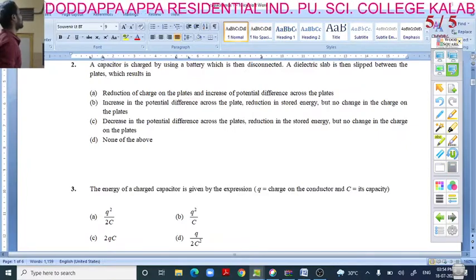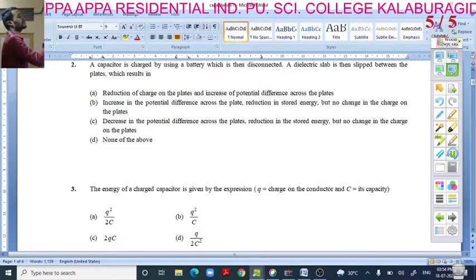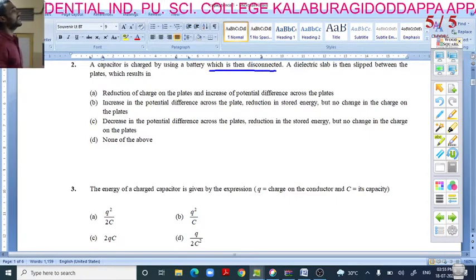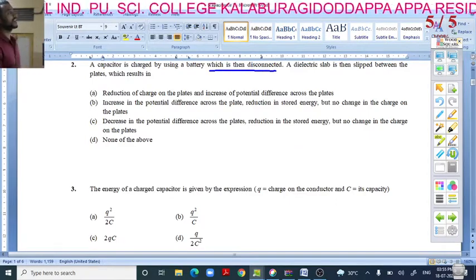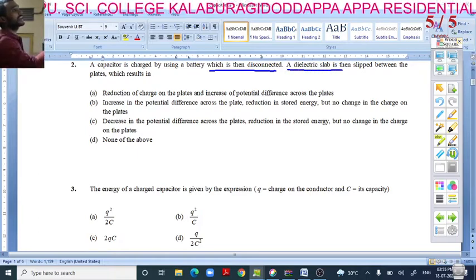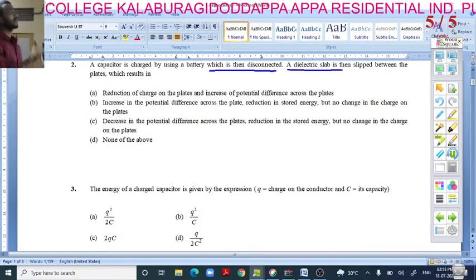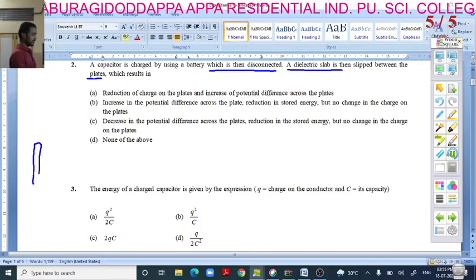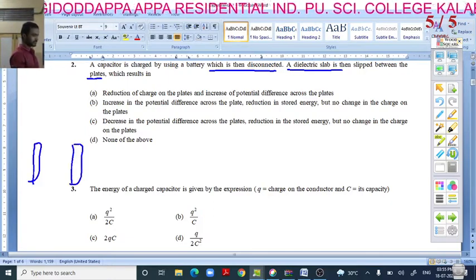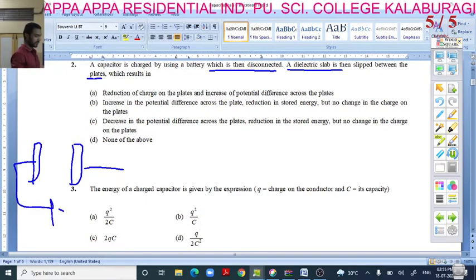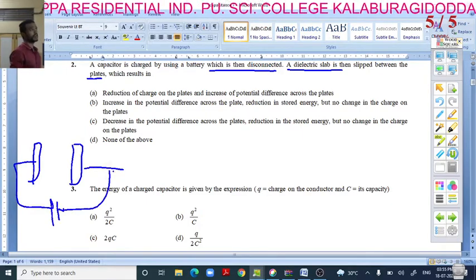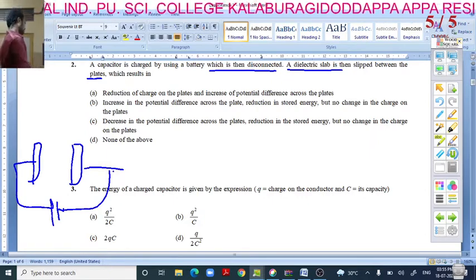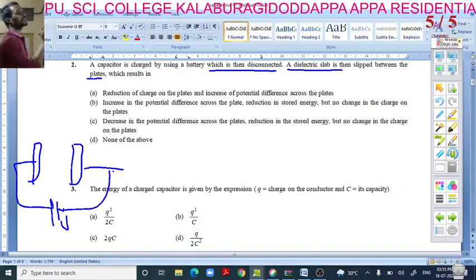Okay, second question. A capacitor is charged by using a battery which is then disconnected. A dielectric slab is then slipped between the plates like this. If this is our capacitor, and it is connected with the battery, the capacitor is charged, which is then disconnected.